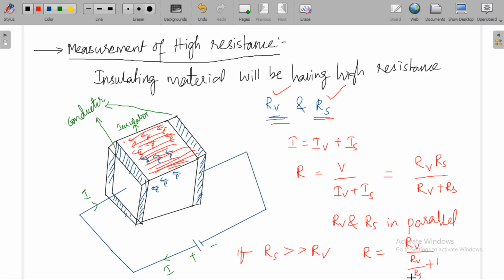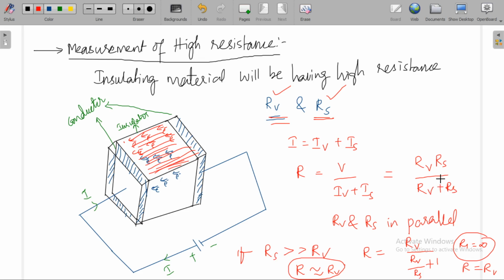Suppose if Rs is equal to infinity, then R will be equal to Rv. If Rs is far greater than Rv, then R is nearly equal to Rv. Rs is far greater means you can neglect this.